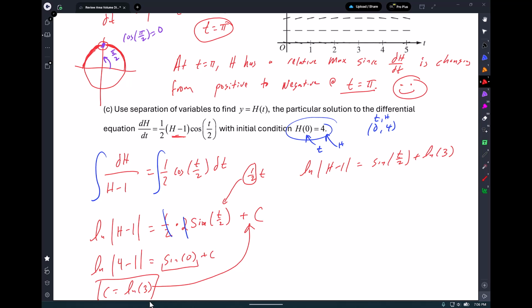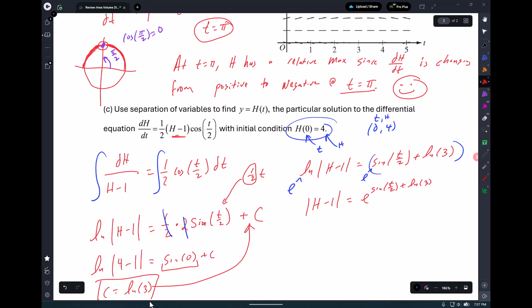Sorry, guys. All right, let's go ahead and get rid of this ln, right? I'm going to do that by raising e to both sides. So I'm going to write e caret. e and ln cancel each other out. I have the absolute value of h minus 1 equals e to the sine of t over 2 plus ln of 3.